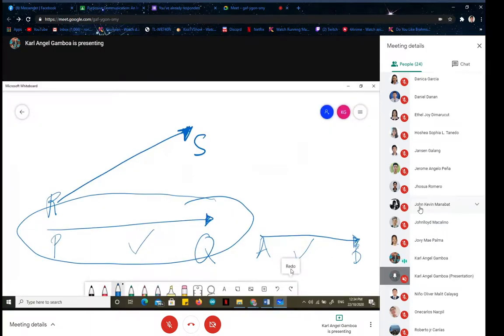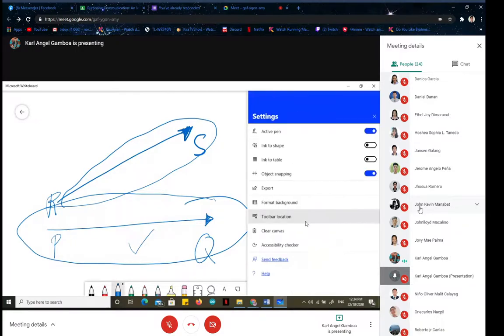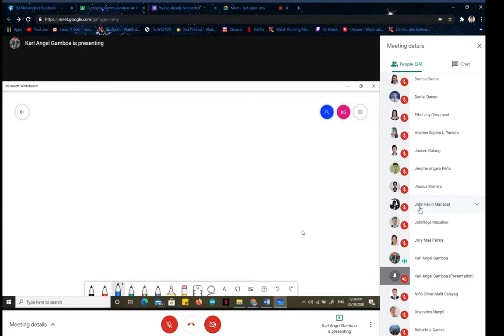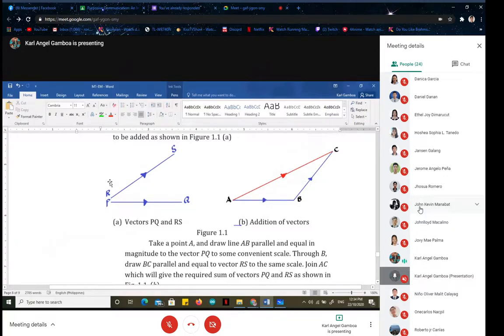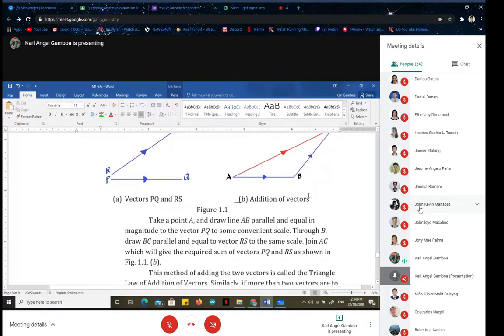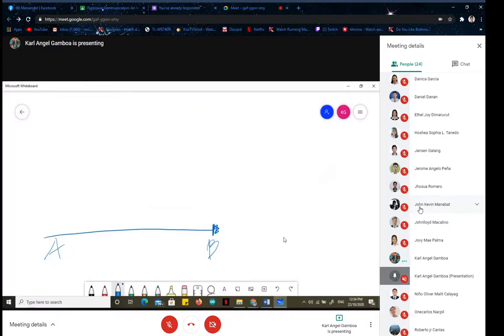We represent RS by another vector, but this time connected to B. Let me delete this first to make it clean. Here we have our vector AB, the representation of P and Q earlier. Now we represent RS by BC, connected tail to head.